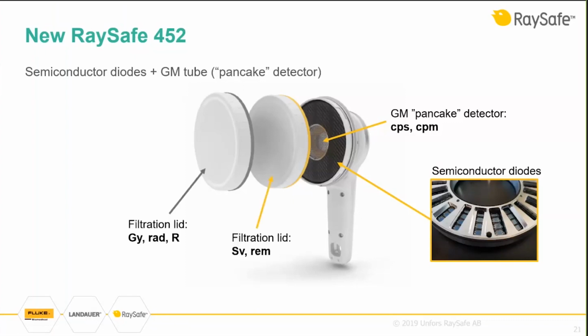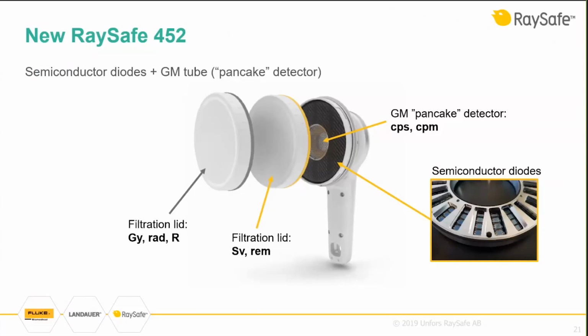In front of the GM tube, we use 2 filtration lids to get a flat energy response also for the GM tube and at the lower dose rates. One filter is for air kerma, measuring in gray, rad, or roentgen, while the other one is for ambient dose equivalent, measuring in sievert or rem.